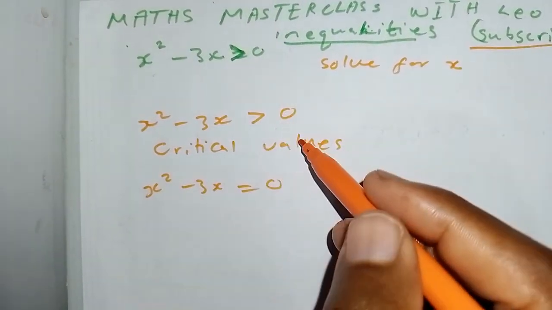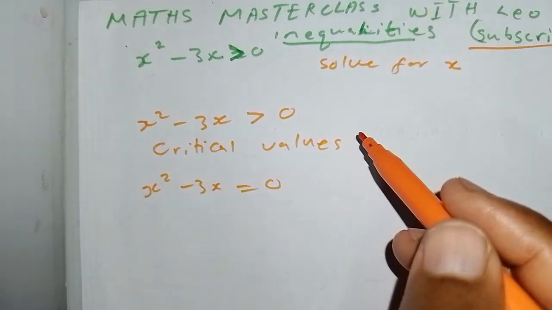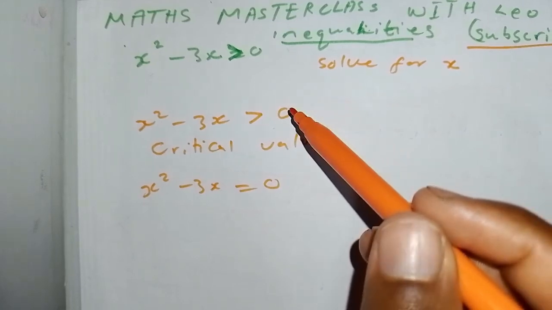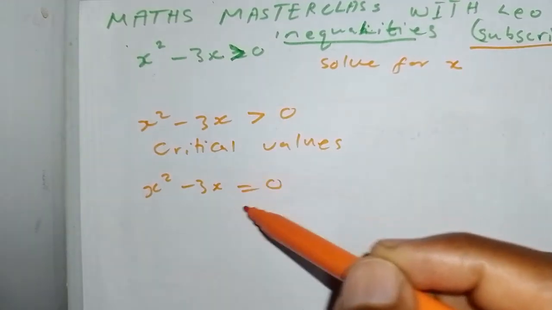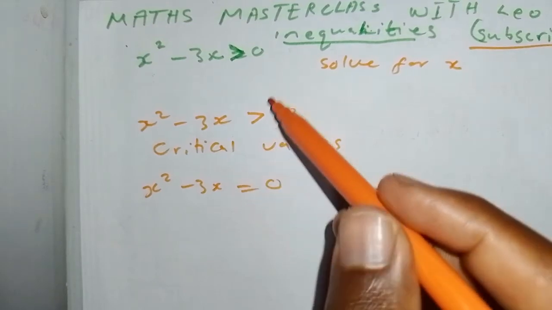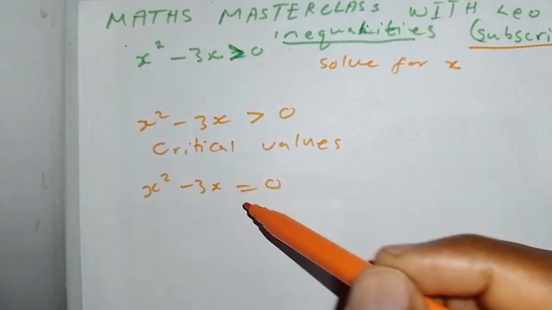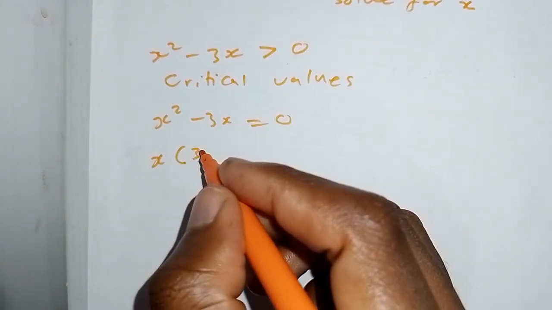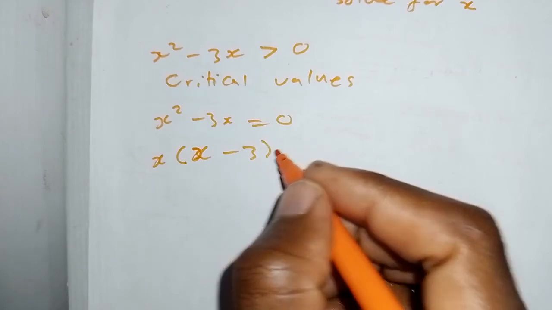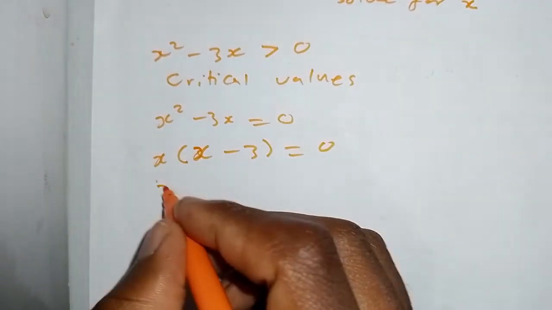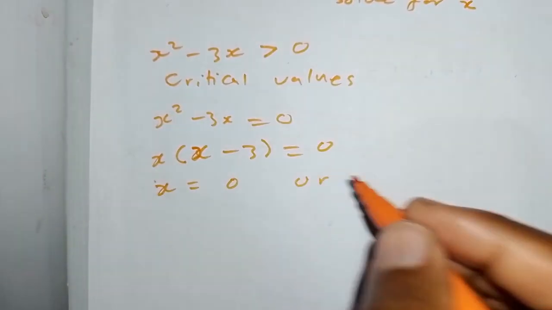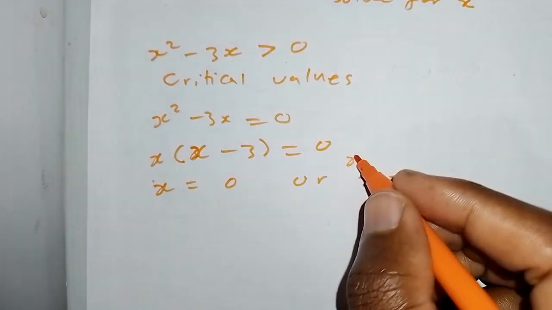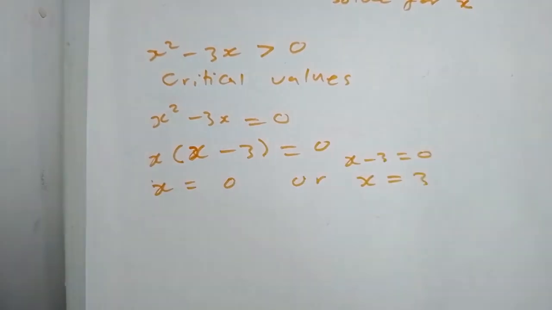The word critical values helps me to change this inequality sign into an equal sign. Then after doing that, I'm just going to say x into x minus 3 equals 0. Then x equals 0, or x minus 3 equals 0, then x equals 3.